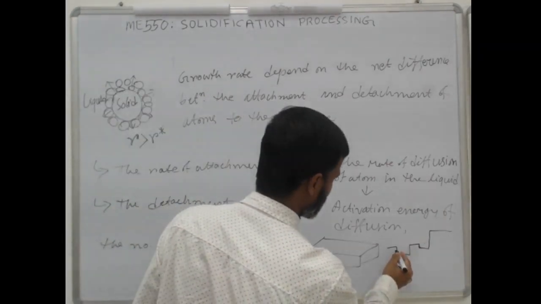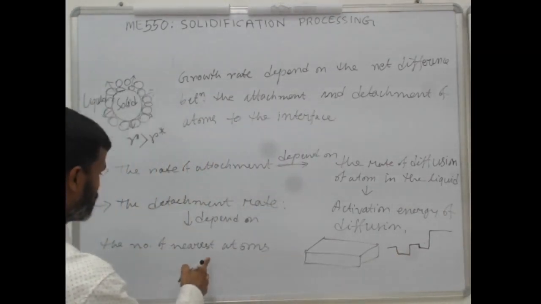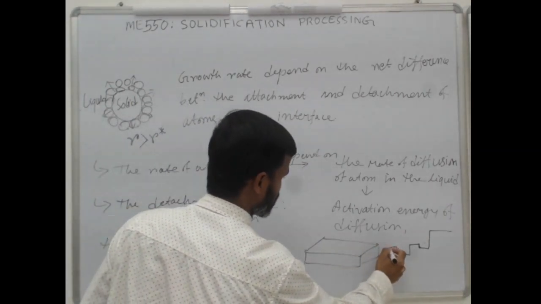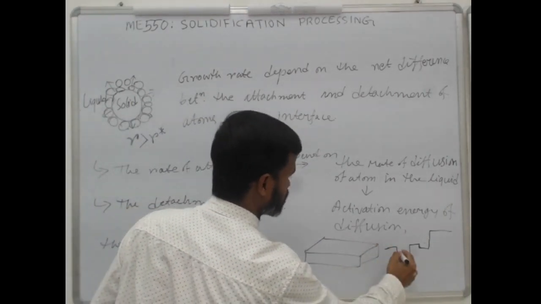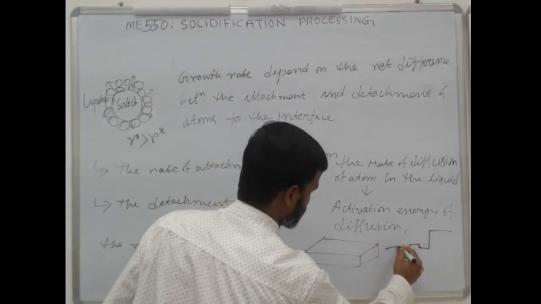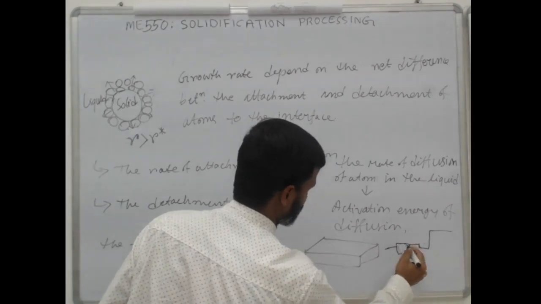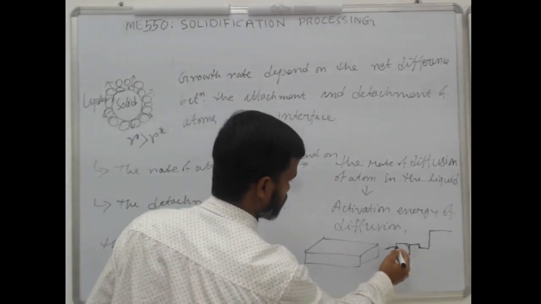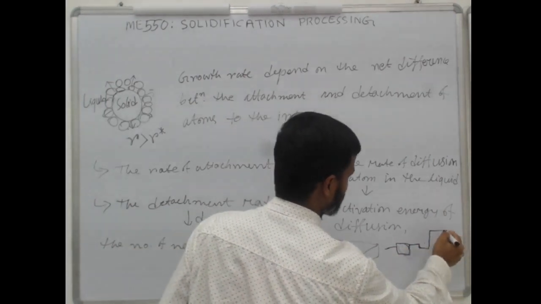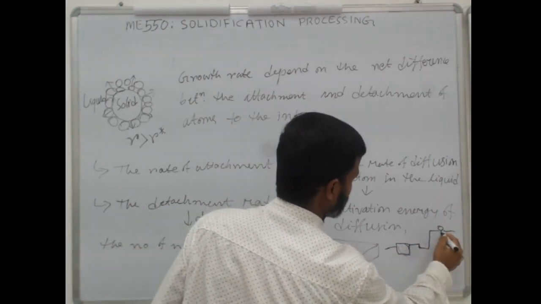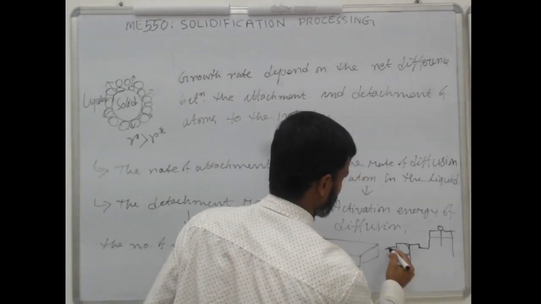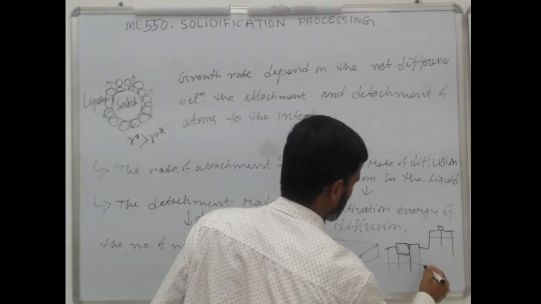So what happens when an atom goes onto the surface of the interface and sits there? If the atom is sitting here, say one atom is coming and sitting, it will be exposed to a different number of atoms. If it is sitting on the surface, it will be exposed to a different number of atoms, say if this is the crystal structure.